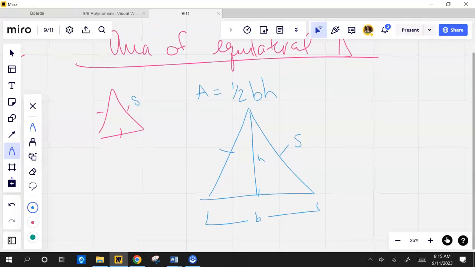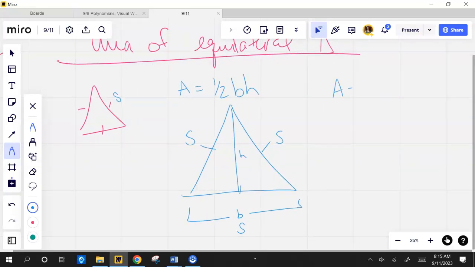So here is S and S, right? How might I be able to write this equation using only S's? So now I've got 1/2, instead of base, I'm calling it S, because it's equilateral. How am I going to write that H using S's?